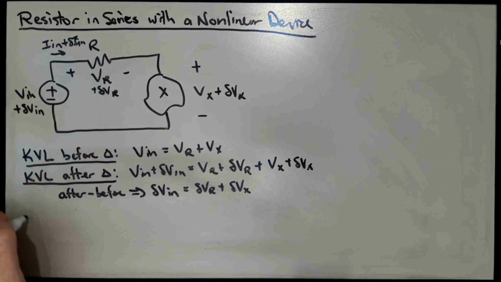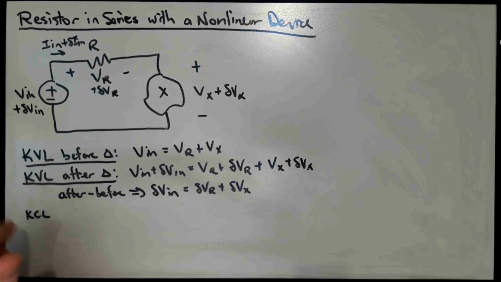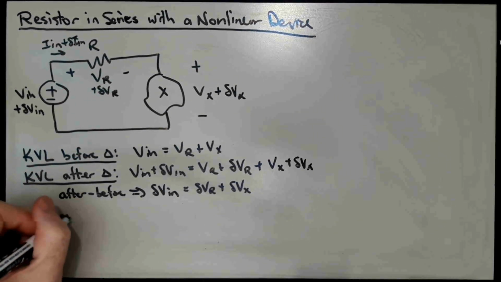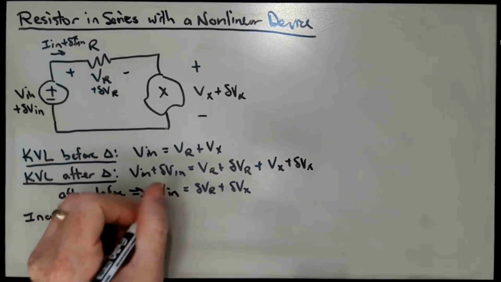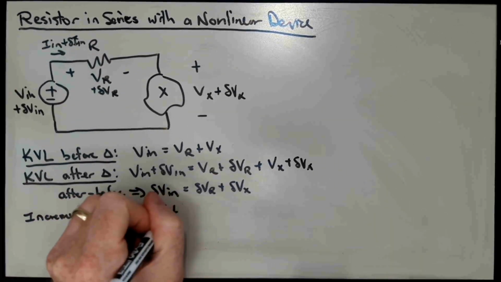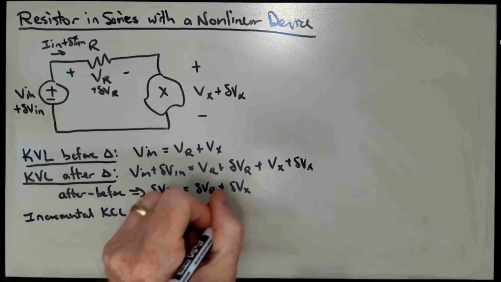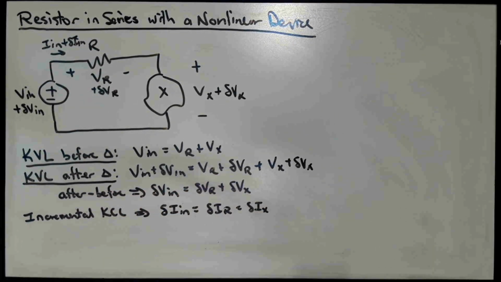Let's call that incremental KCL for shorthand: delta In equals delta IR equals delta IX.